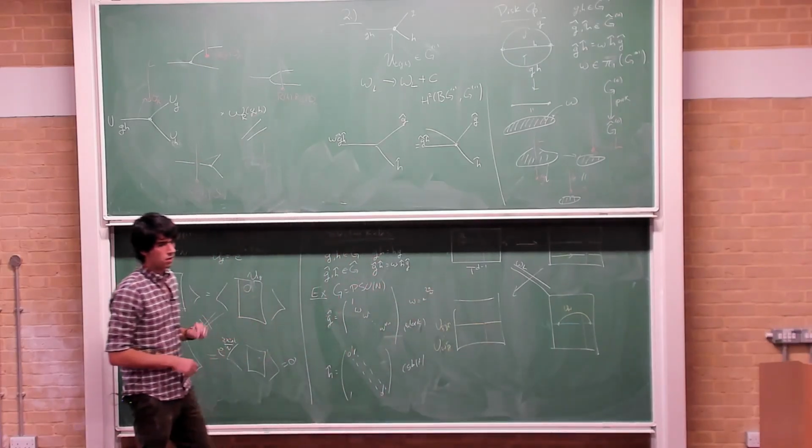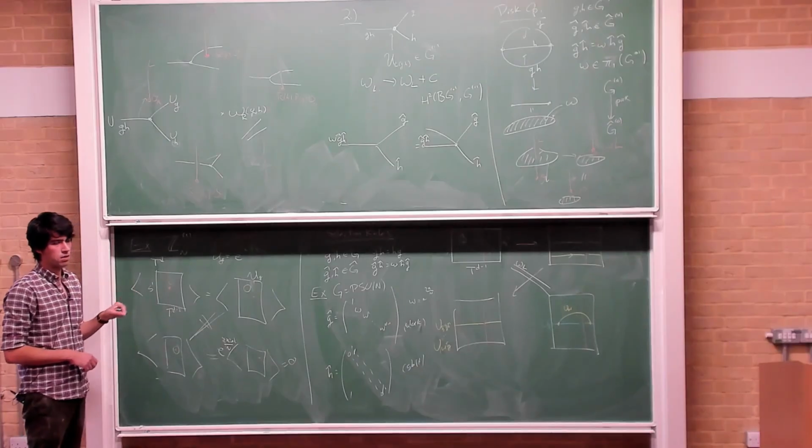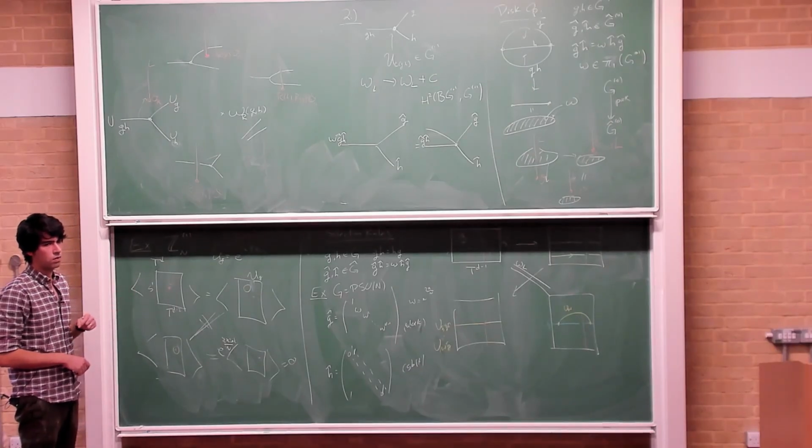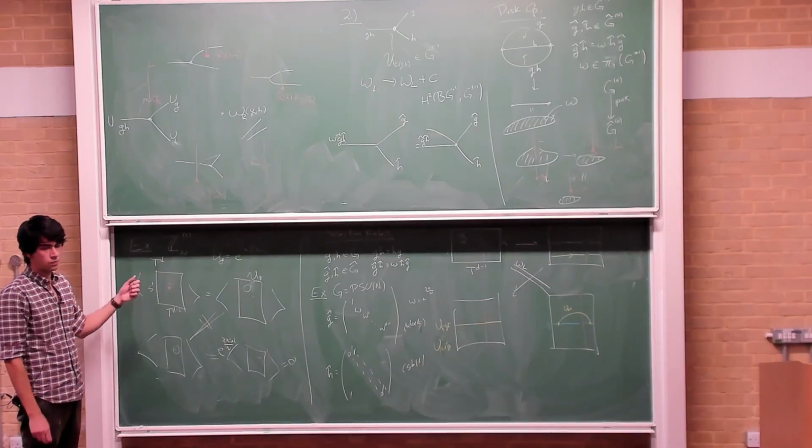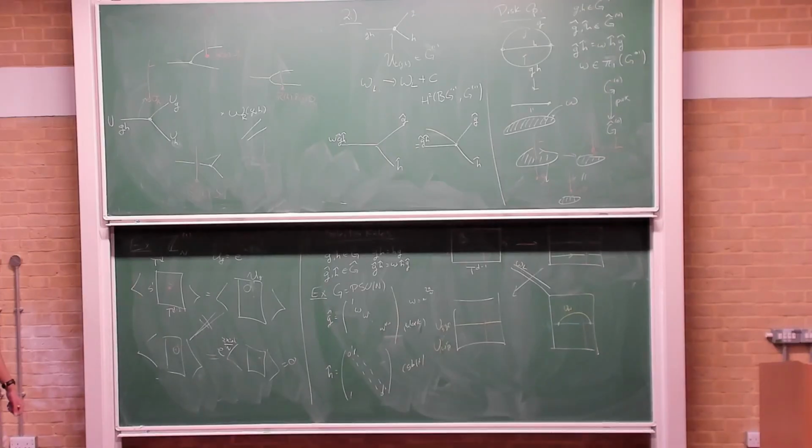There might be an asterisk, some loophole that I haven't thought about, but in general it's typically true. That's why I was saying I think there's a homotopy obstruction. I just don't remember what it is.